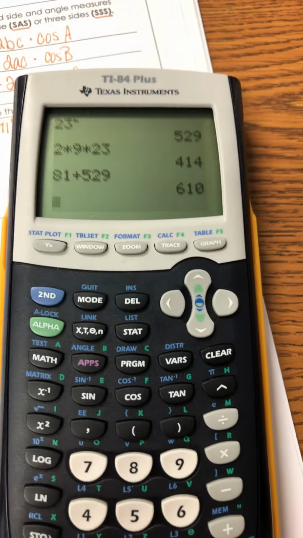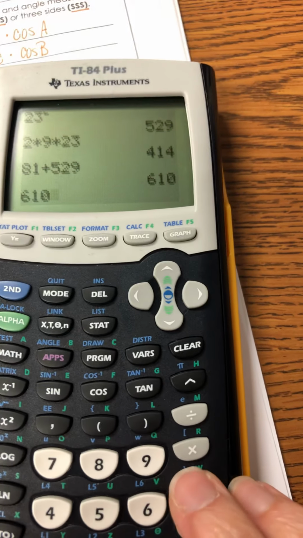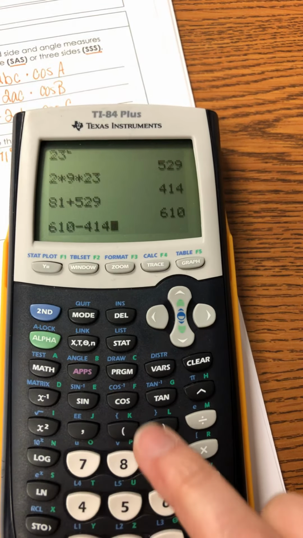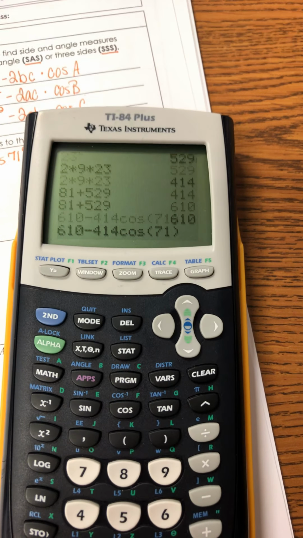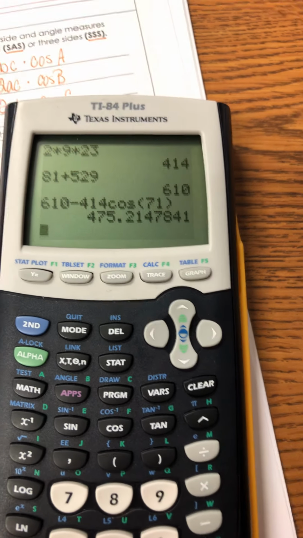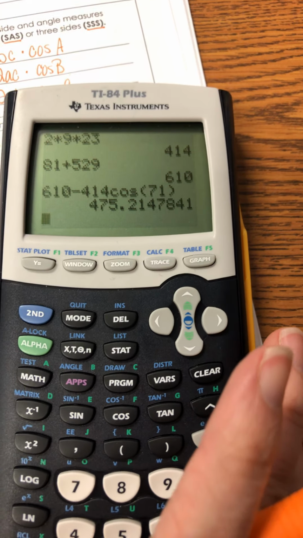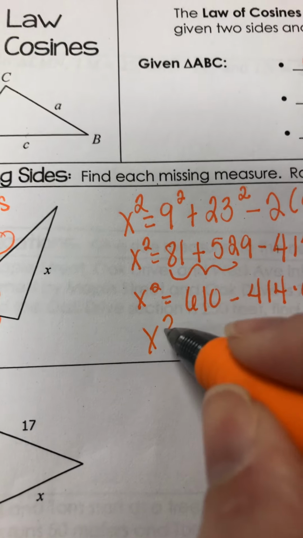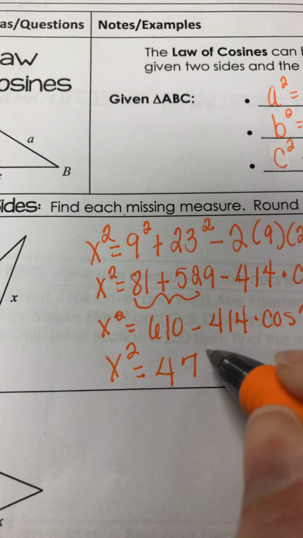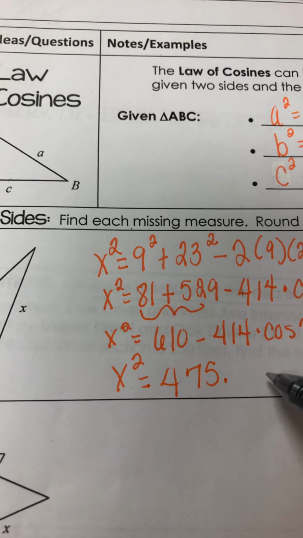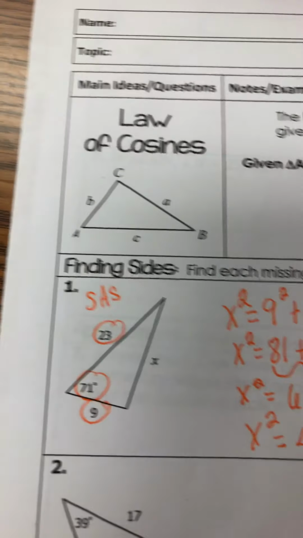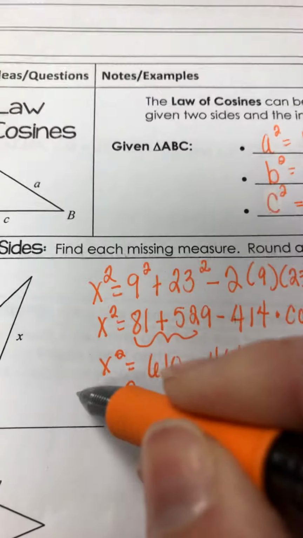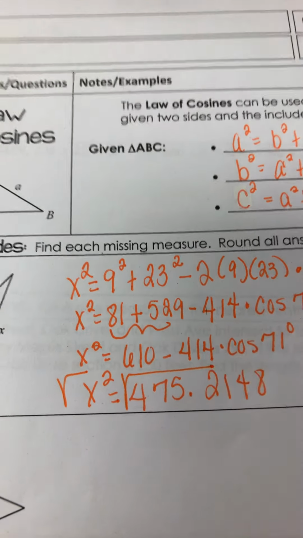Okay, and so I'm going to do 610 minus 414 times the cosine of 71 degrees. Okay, and you get 475.214784. So x squared is equal to 475. Let's go ahead and go out 4 decimal places to get a measure of accuracy. And then since we have x squared equals, to figure out what x is, I'm going to take the square root of both sides.